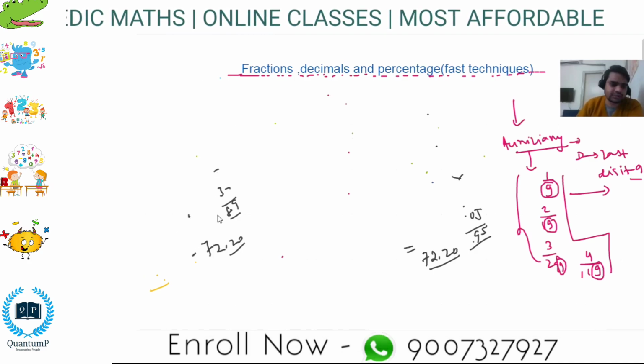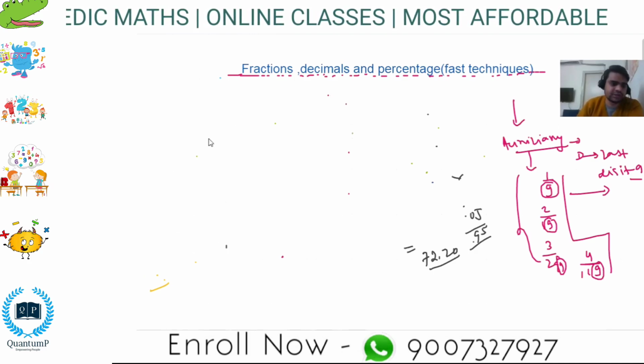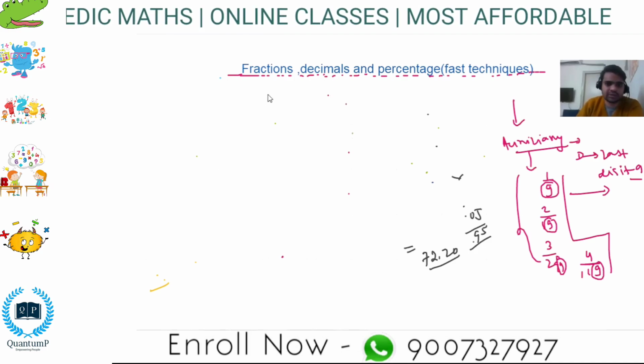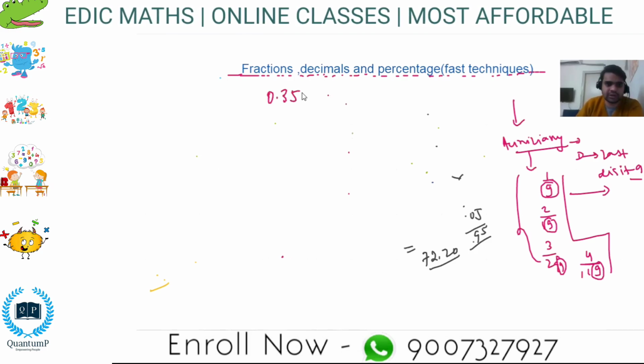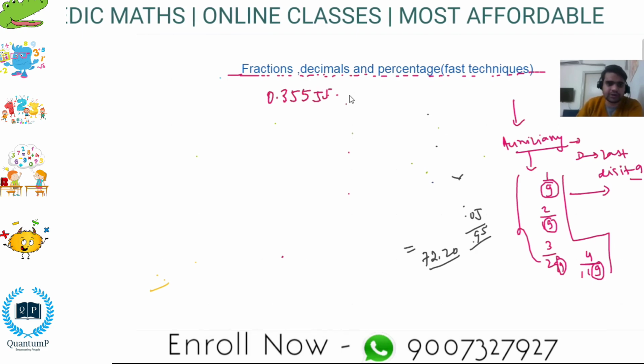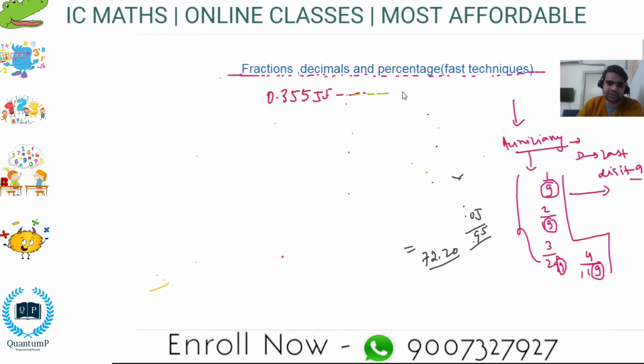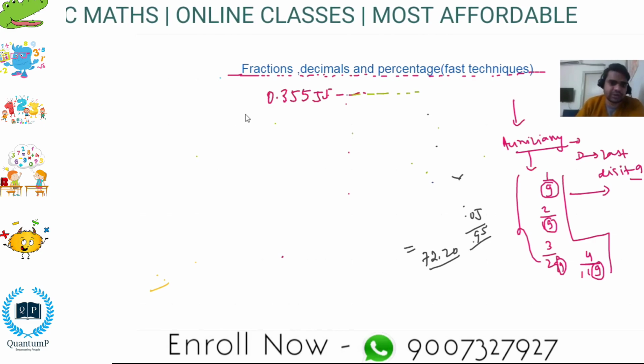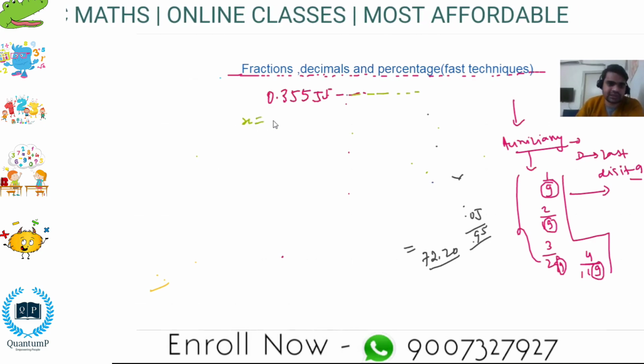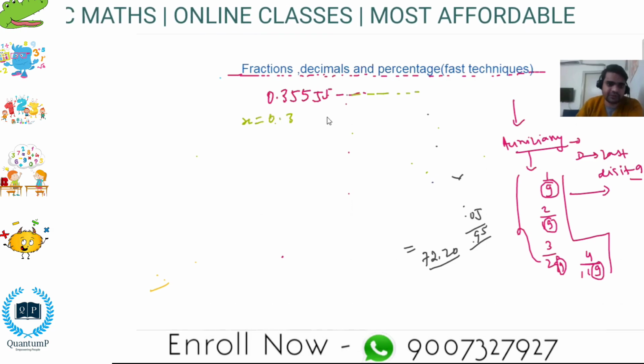Let's take a number 0.3555 dot dot dot. So basically you can see that this dot dot dot keeps going, meaning it's non-terminating. I'll consider this number as x is equal to 0.3555 dot dot dot.